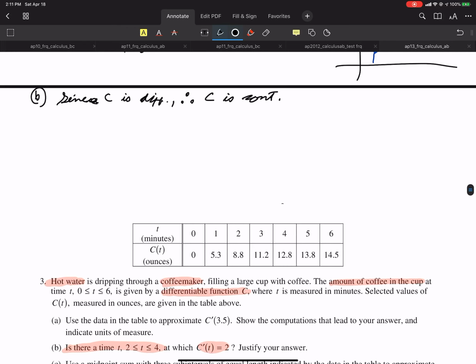So what we need to do, this whole region here, is there a point where the average rate of change is 2? So you could actually check between different points. You could check between these two, you could check between these two, or you could check between these two. And quickly, you can look to see if the slope of any of those is 2.